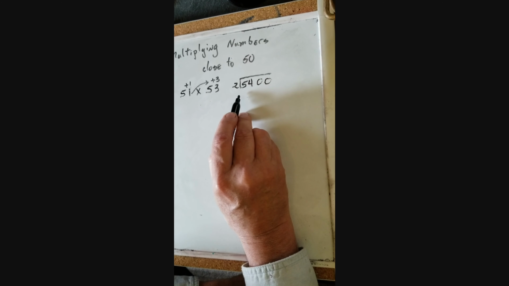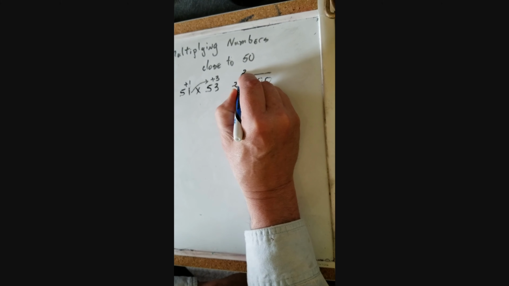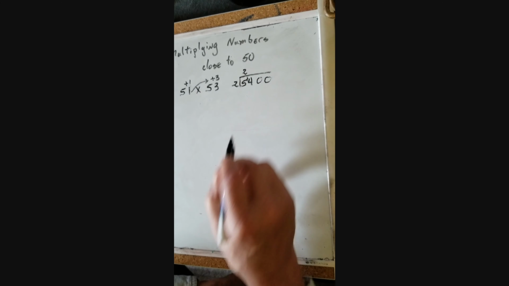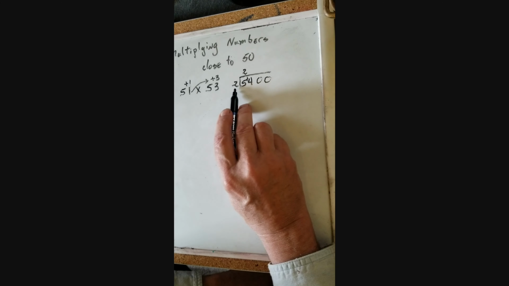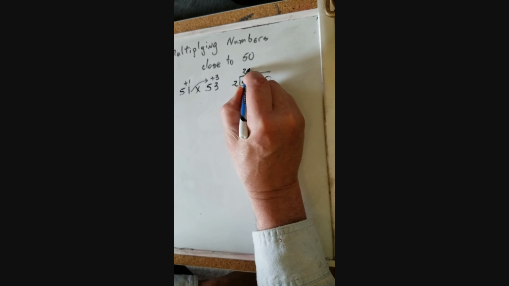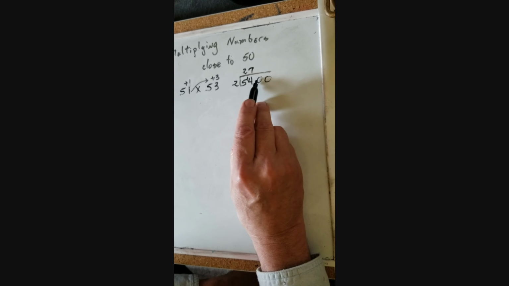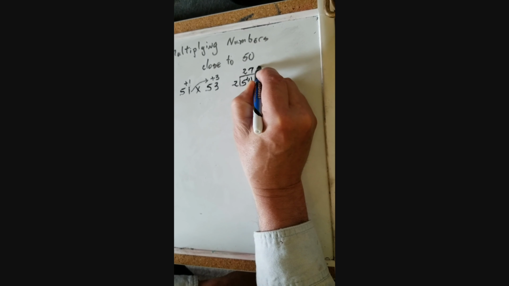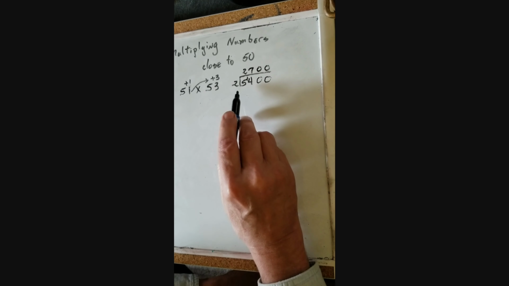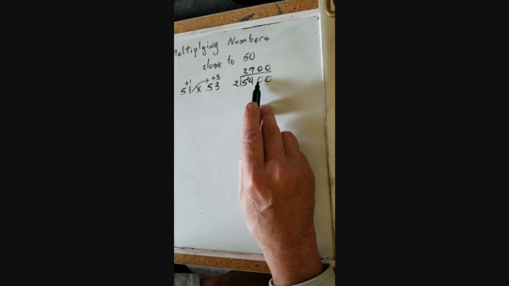Two goes into 5 2 times, with 1 left over. 2 goes into 14 7 times, with nothing left over. Then we have 2 zeros left over, because 2 goes into 0 times.